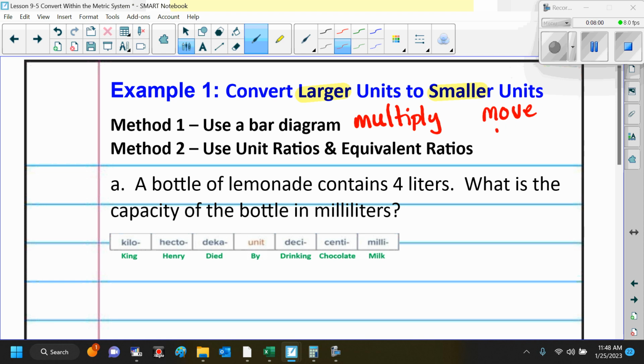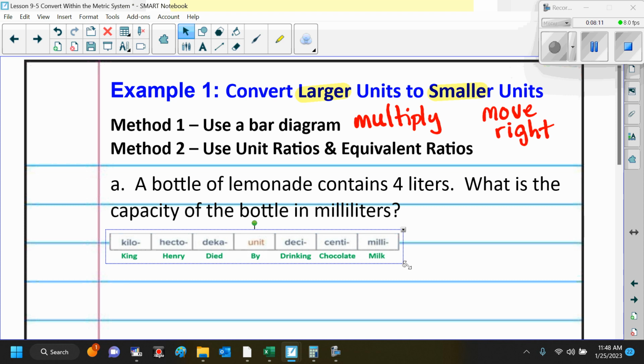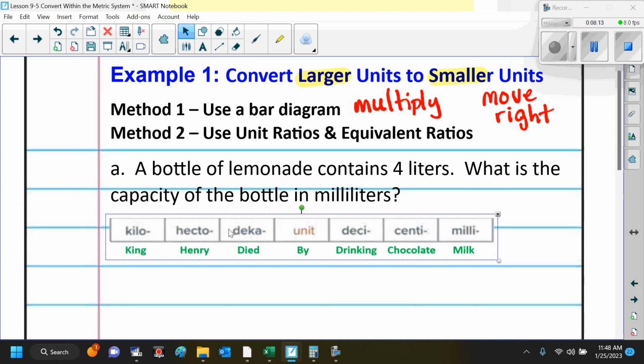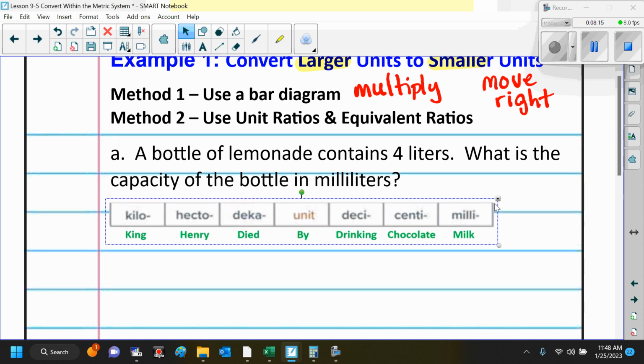Right. We're going to move right when we multiply. Okay? All right. So here we want to convert. It says here a bottle of lemonade contains 4 liters. What is the capacity of the bottle in milliliters? Okay? So we're converting from what to what?